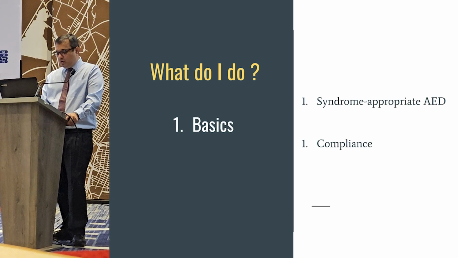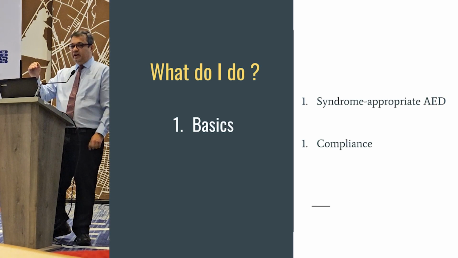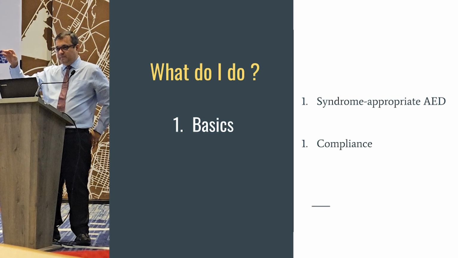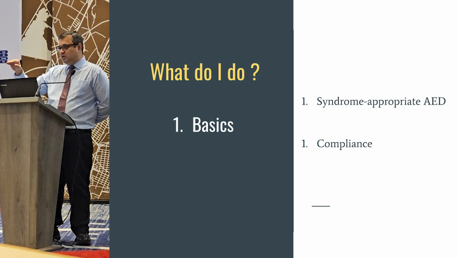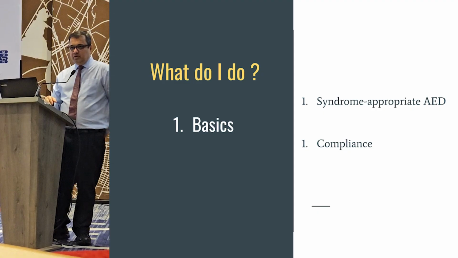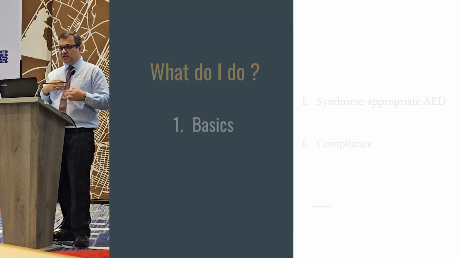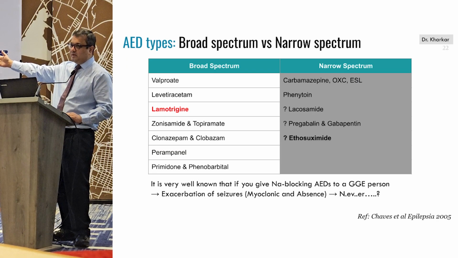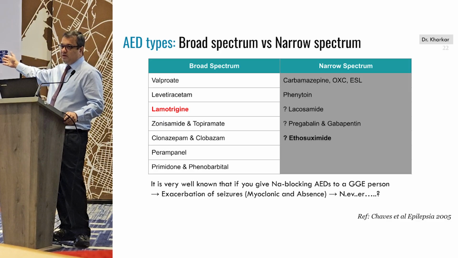One is that we have always been taught to use a syndrome-appropriate AED. Look at the seizures, diagnose the epilepsy, try to classify the person into a particular syndrome, and then choose the anti-epileptic. So, for example, if you are diagnosing somebody with idiopathic generalized epilepsy, choose one of the broad spectrum anti-epileptics. Don't choose one of the narrow spectrum anti-epileptics.